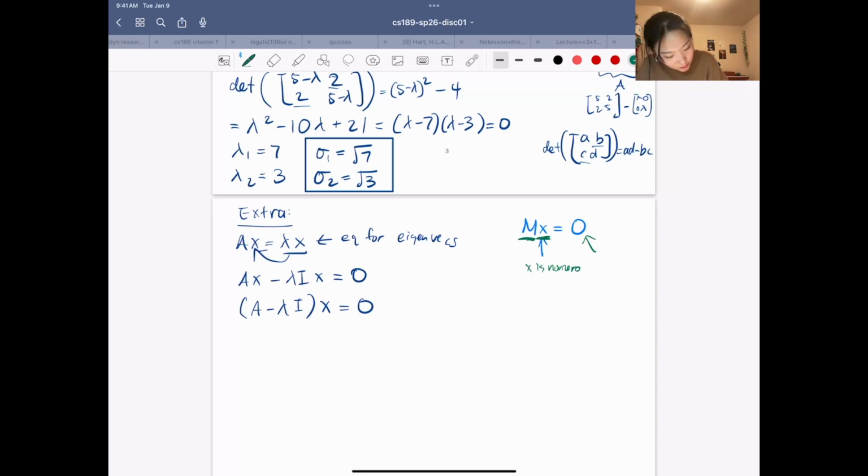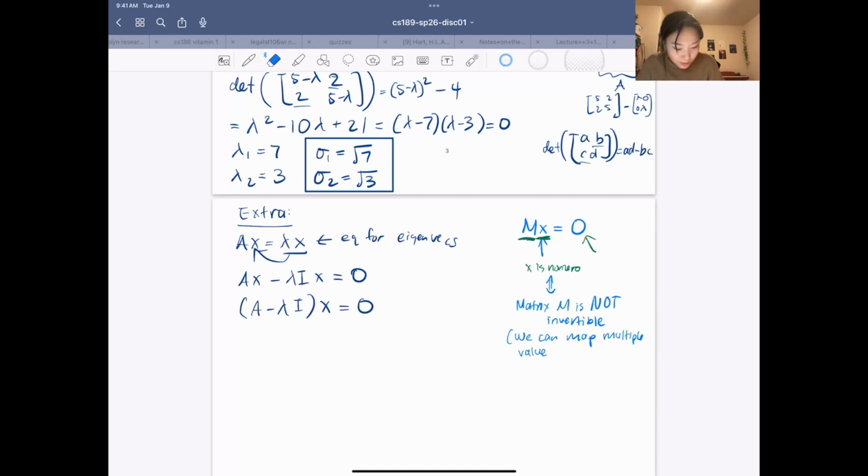Why is that the case? So here, let me write this down. What this means is that matrix M is not invertible. This is because we can essentially map multiple vectors, multiple x's, to 0.